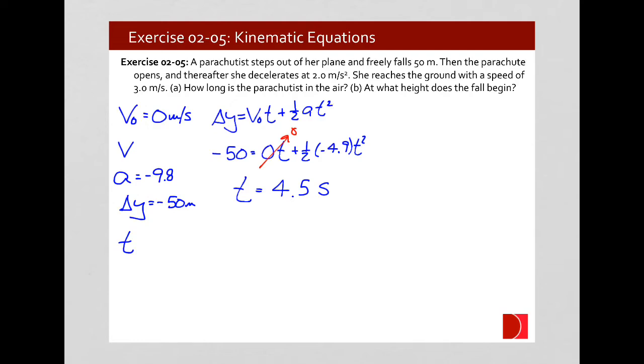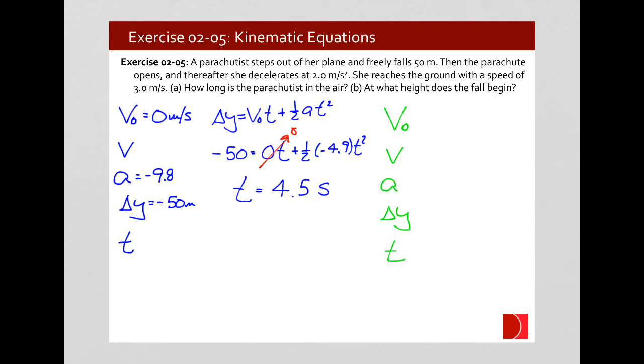So we can go on to the second segment of her trip, the second constant acceleration. In the second constant acceleration, we say that she decelerates at 2 meters per second squared. So again, if we have a constant acceleration, we can use our constant acceleration equation variables.